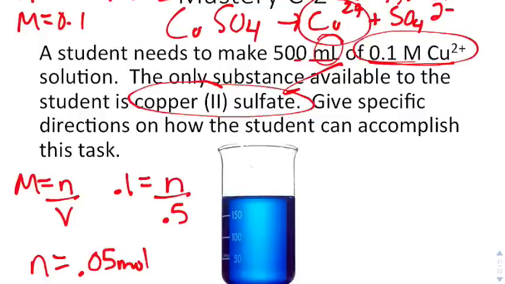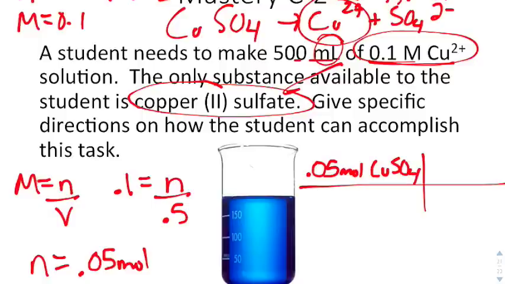So now it's 0.05 moles of CuSO4, because that's what I actually have to add, divided by 1 mole, and then I've got to figure out the molar mass. So copper is 63.5, sulfur is 32, and oxygen, which there are 4 of, would be 64.